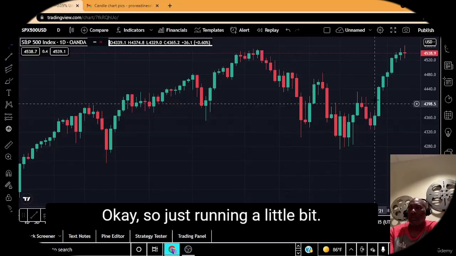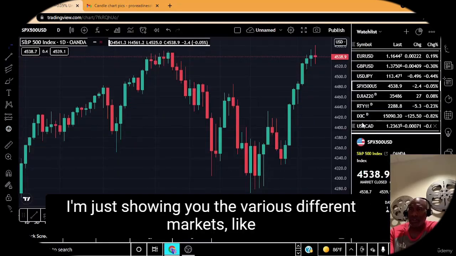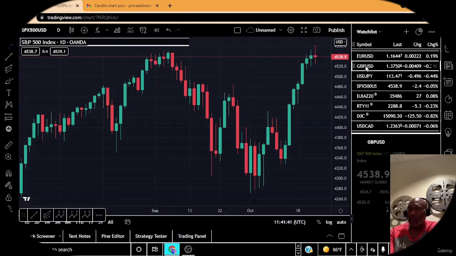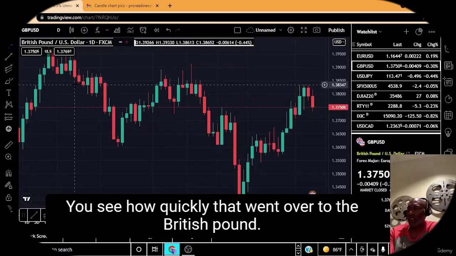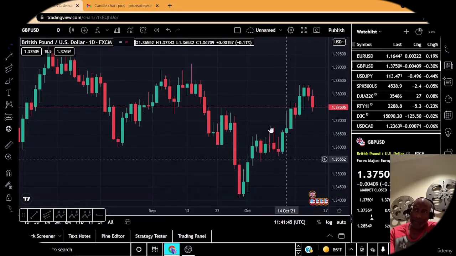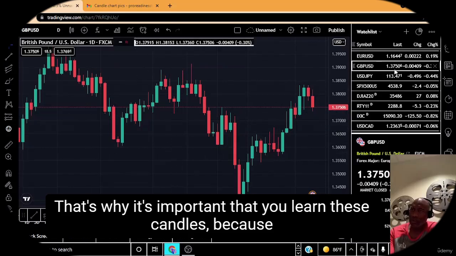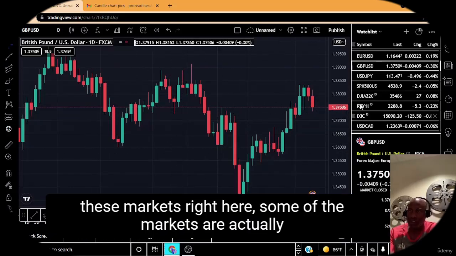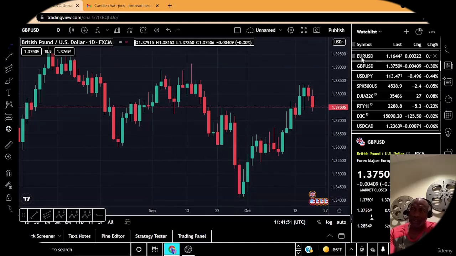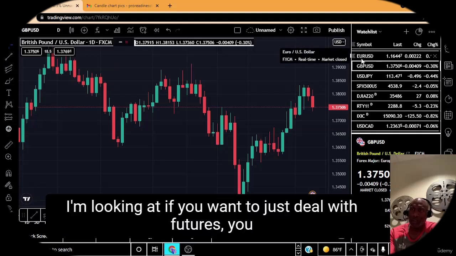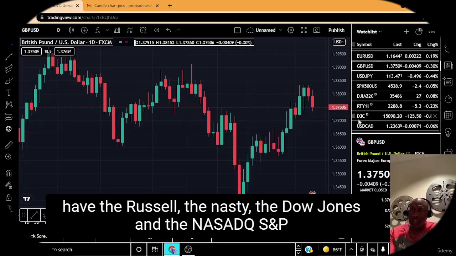I'm just showing you the various different markets, like for instance, here's the British pound. You see how quickly that went over to the British pound. That's why it's important that you learn these candles, because these are some of the markets I actually chart. If you want to just deal with futures, you have the Russell, the Nasdaq, the Dow Jones, and the S&P.